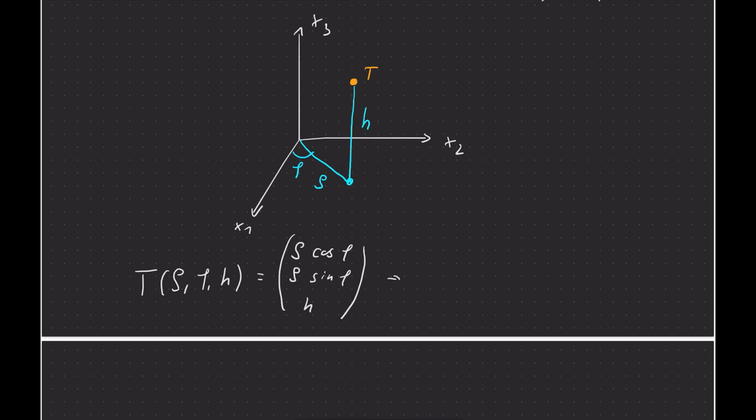The idea is that this describes a point on a cylinder of radius rho. So that's the most straightforward way to generalize polar coordinates to 3 dimensions.